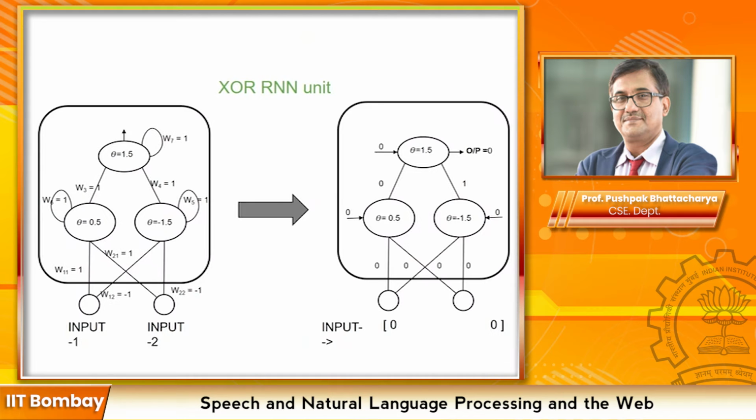So initially it has input 1 and input 2. Nothing is coming from the state, so assume it to be 0. All compute neurons, output and hidden layer neurons, are receiving 0 from the previous state. And the input happens to be 0 and 1. So the output, what is this 0, 0? One sec.